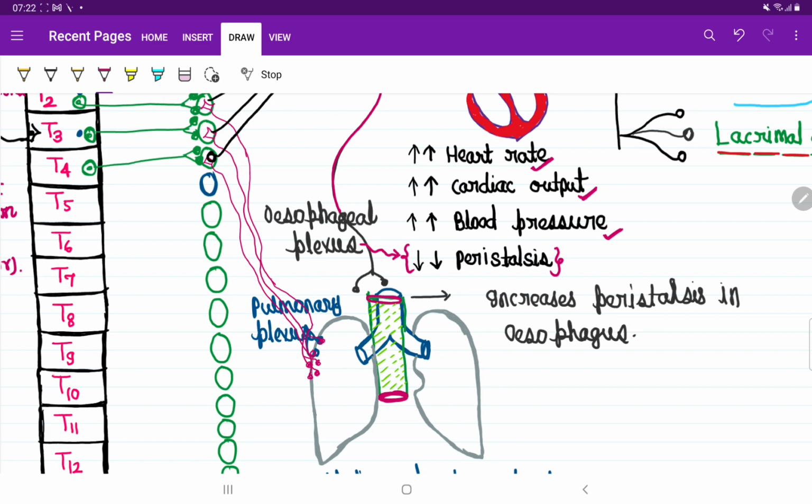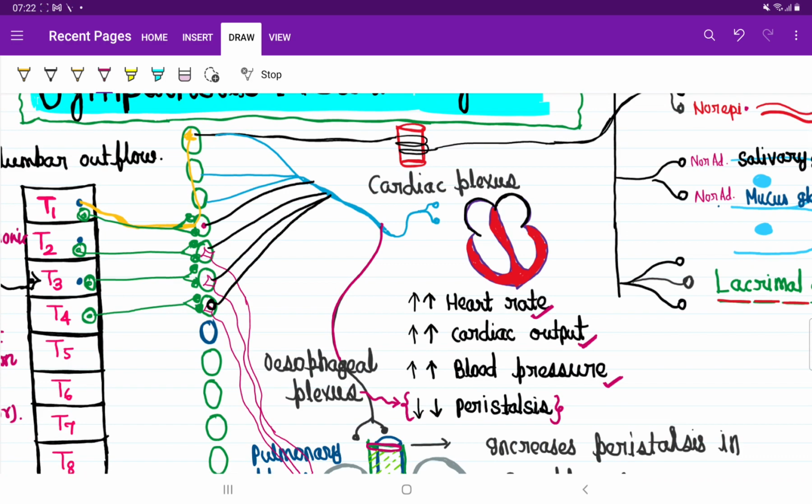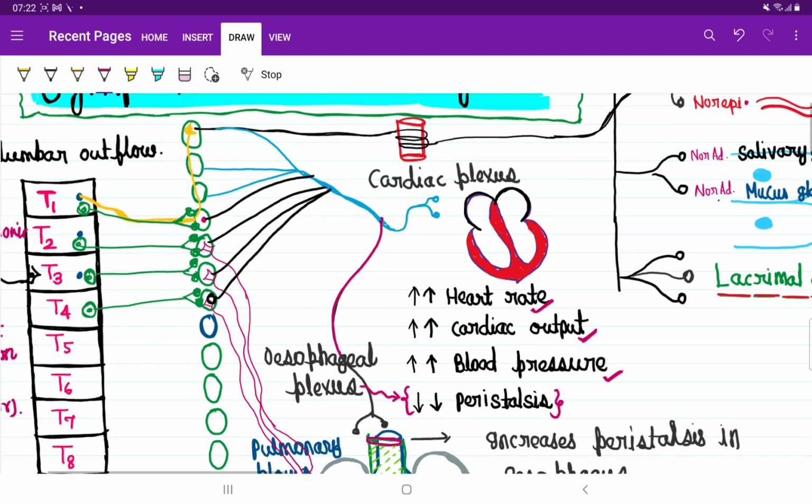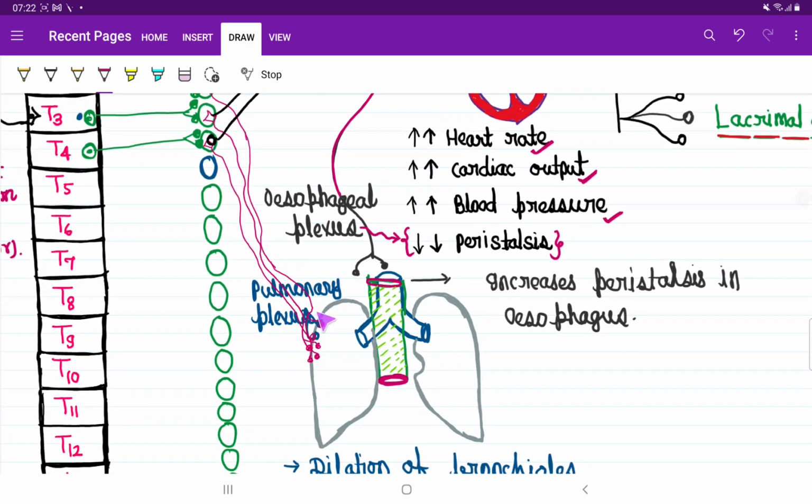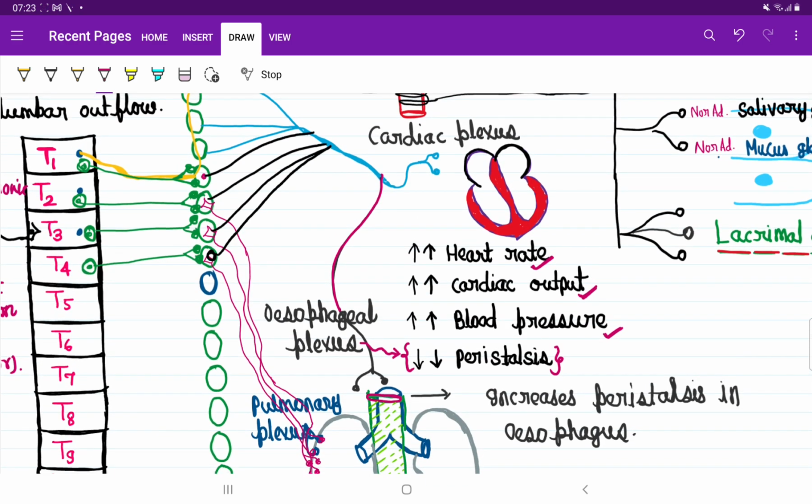Then nerves from T2, T3, T4 rise, and they are forming the pulmonary plexus. Actually, there is a great variation between the different books, so whatever is best possible, that I'm telling you all. So they are forming the pulmonary plexus from T1, T2, T3, and T4.